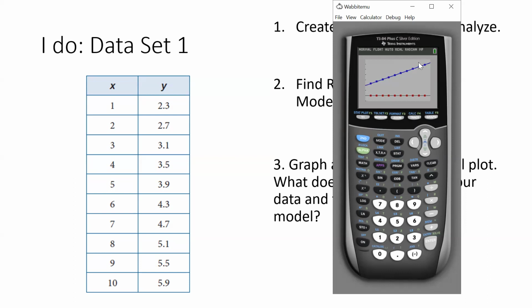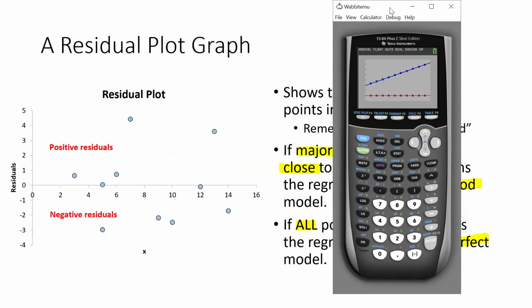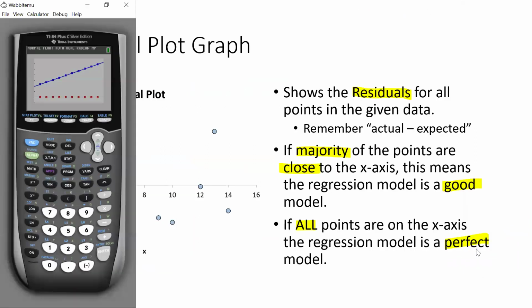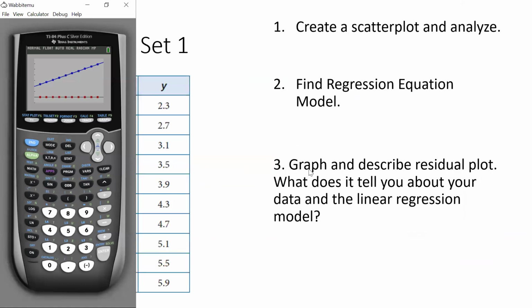Yes, the regression line on its own tells me that this is a great model. Then these are my residual points. And we said in our notes, if all points are on the x-axis, it's a perfect model. Are all of my residual points on the x-axis? So is this a good model? Yes, it's actually a perfect model.